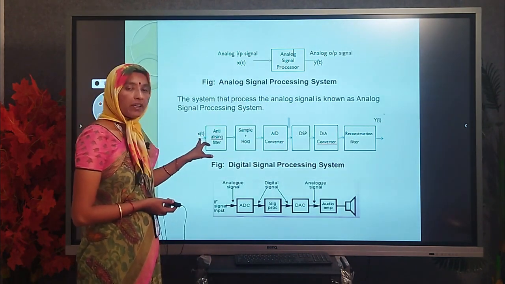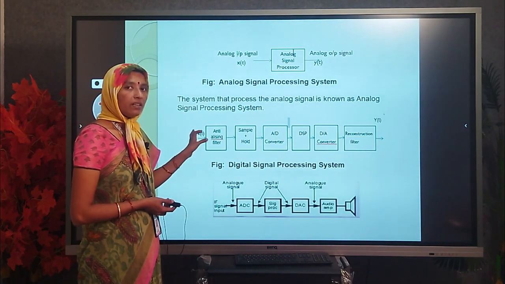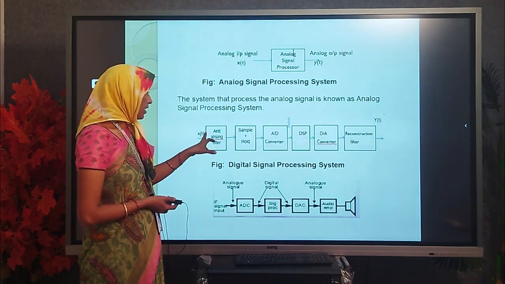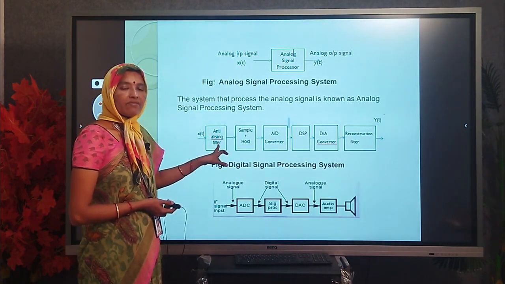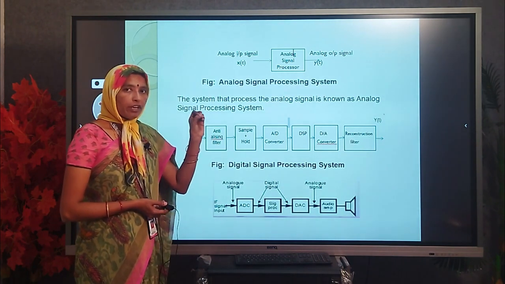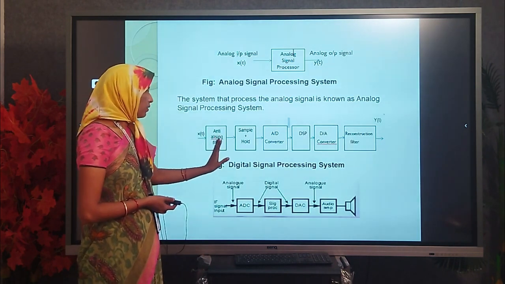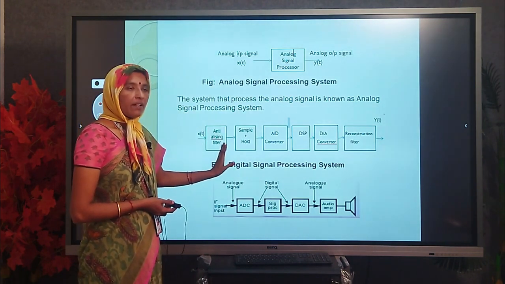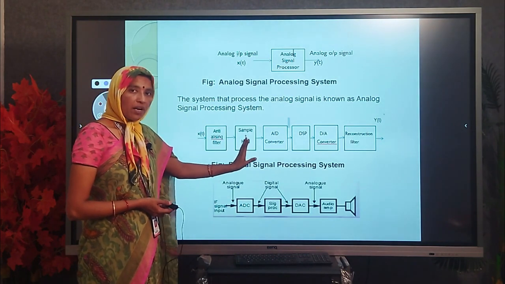So here analog input is coming from transducer or any other device, and after getting that input, it is given to anti-aliasing filter. Anti-aliasing filter acts as a low pass filter. It allows only low frequencies which are below the cutoff frequency. Then that filter gives the data to the sample and hold circuit.